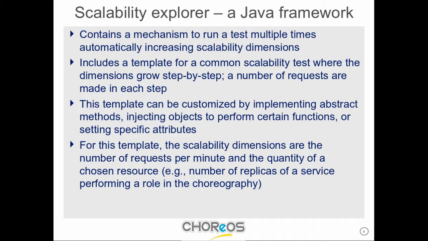But in this template that we provide initially, it has some abstract methods and some objects that can be injected into the framework and some specific attributes that can be set to customize the test. For this template, the scalability dimensions are the number of requests per minute and the quantity of a chosen resource.